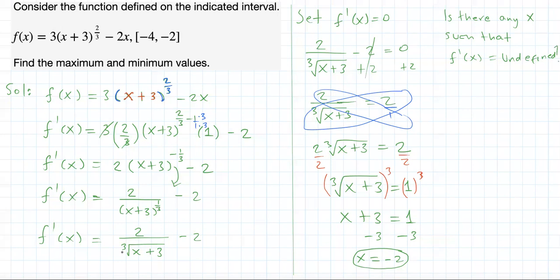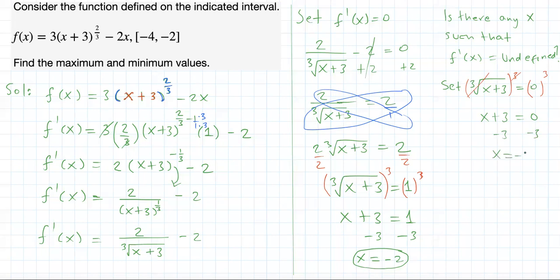And in order to answer that question, look at this denominator. Notice if this denominator is 0, 2 over 0 is undefined, and therefore the derivative is undefined, right? So let's set the cube root of x plus 3 equal to 0 to see if we can find a value of x such that this denominator is equal to 0, and therefore my derivative is undefined.